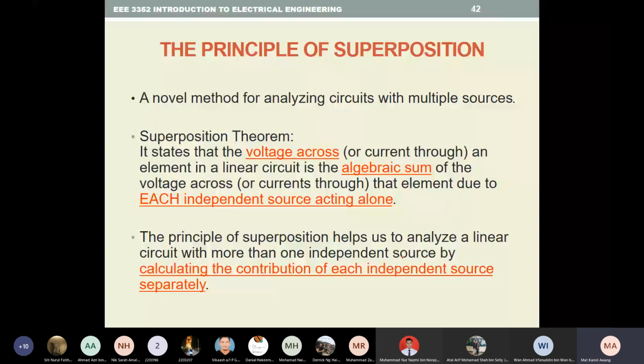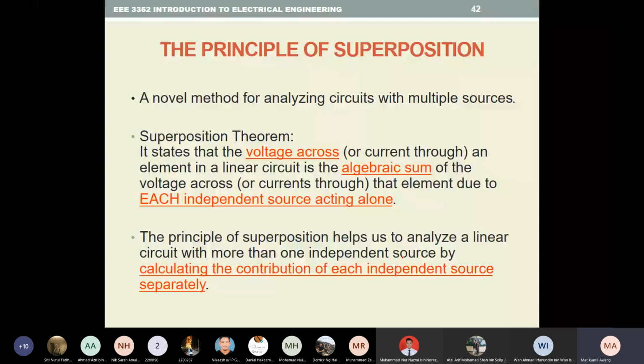Then after that, you do the analysis by eliminating the first source and do the calculation for the second source, and you add together the result. So that is using the linearity principle, the additive principle. Using the superposition theorem actually uses that principle.